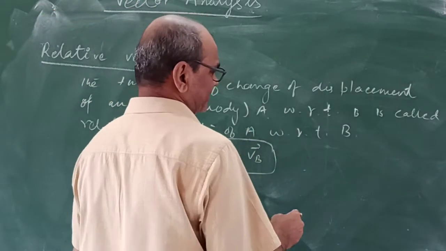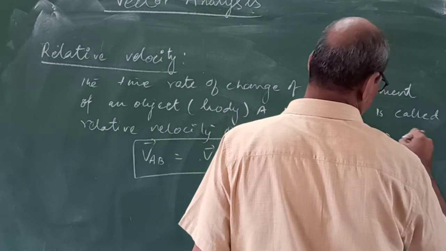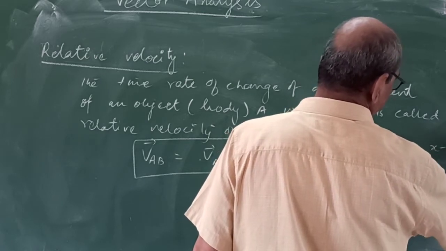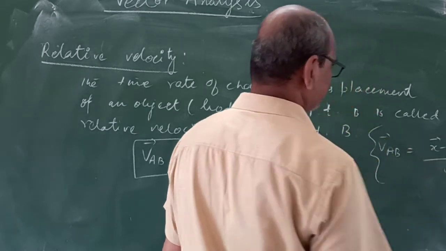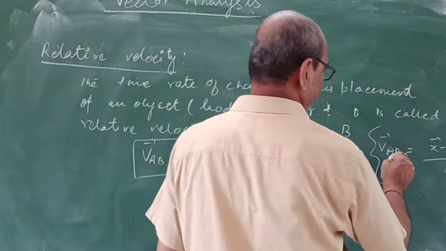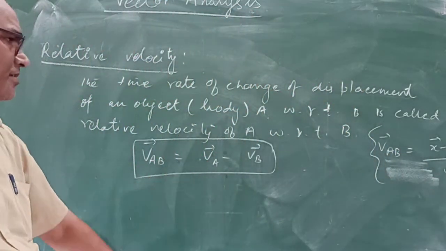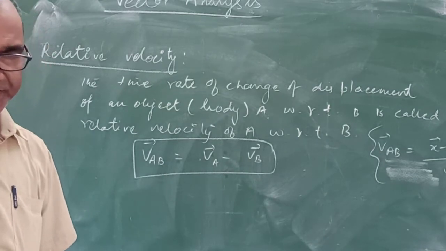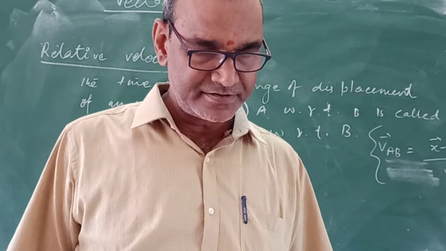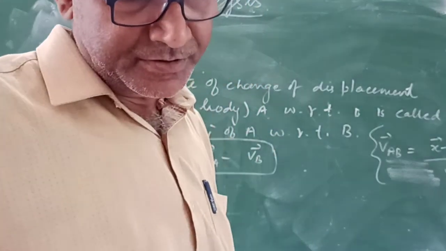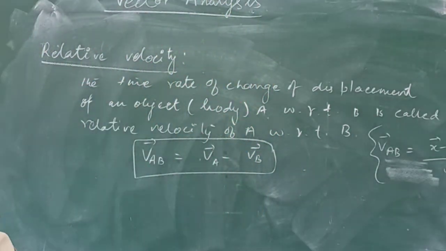It can also be written as VAB is equal to x minus x naught by t. No need of this here. We only have to study the relative velocity in a plane. Now, two velocity vectors are represented by the lines OA and OB as shown in the figure.